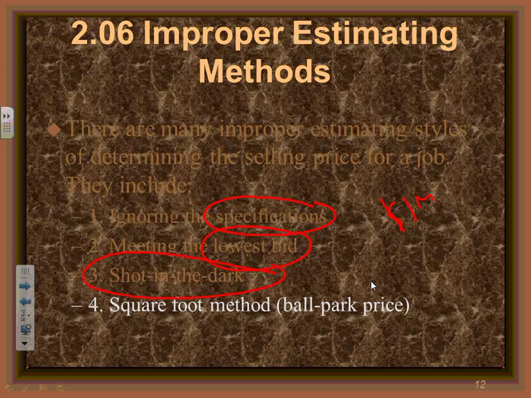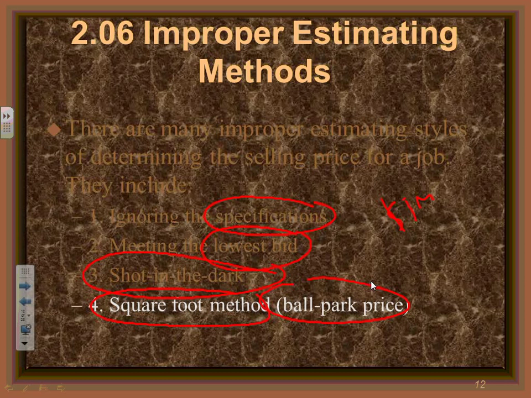Square foot method. A lot of people use the square foot method. So for residential, let's say $5 per square foot. If you multiply the square footage of that house by $5, that will get you how much you're going to charge, or $7. So this is a good way, guys, for a smaller project, but not a good way for a bigger project.